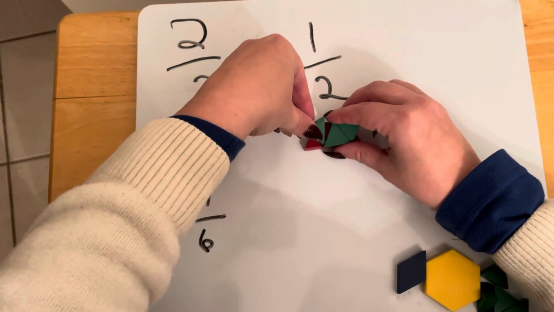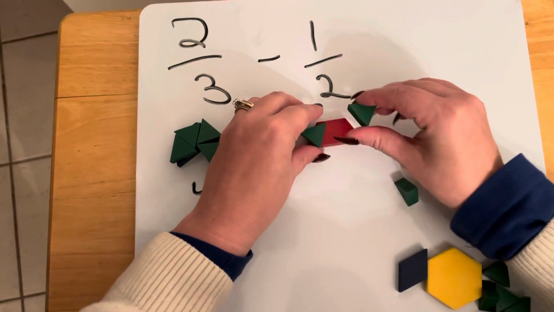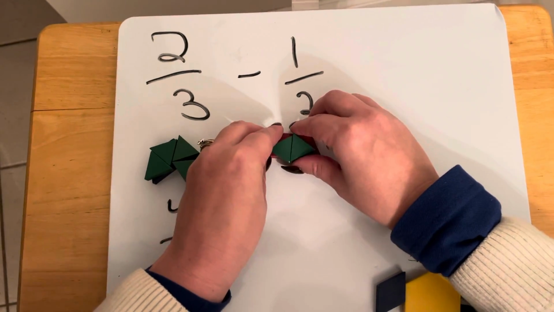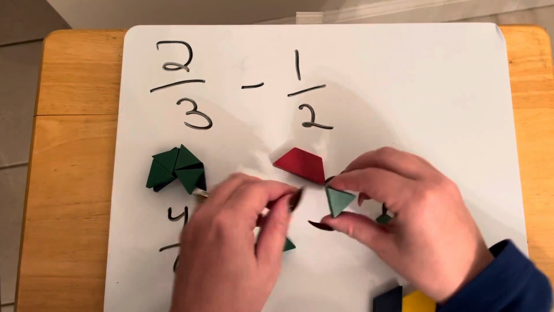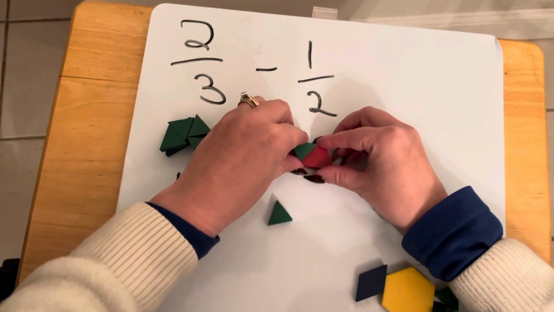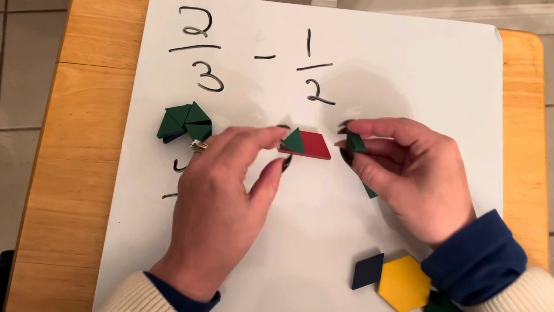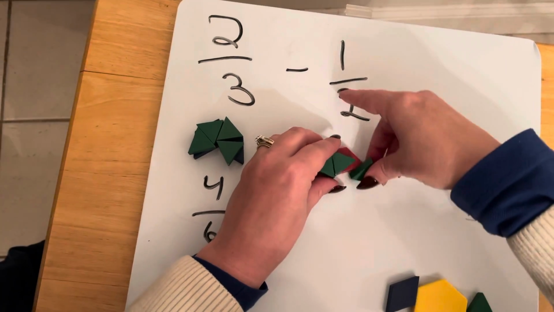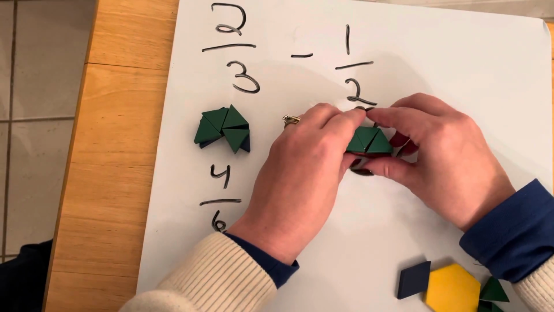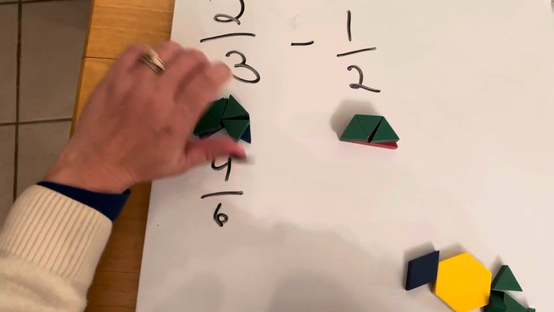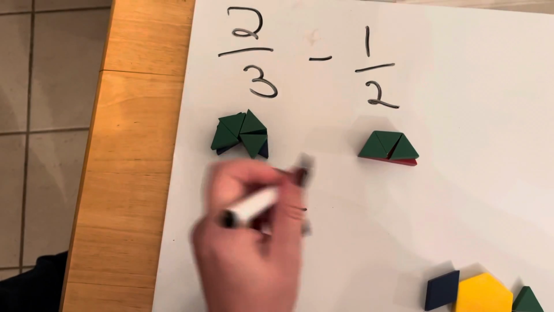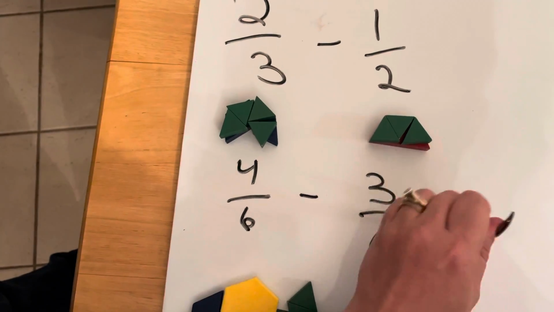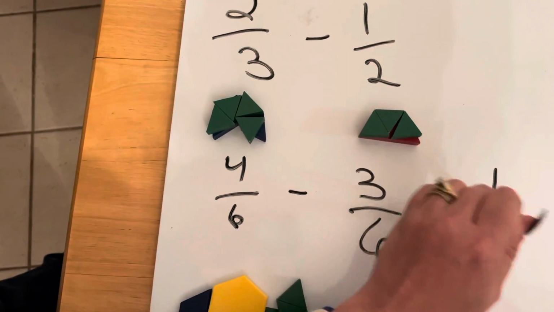They're backwards. Like that. So 4/6 minus 3/6, and that gives you the same denominator, and then you can just subtract. 4 minus 3 is 1, so that leaves you 1/6.